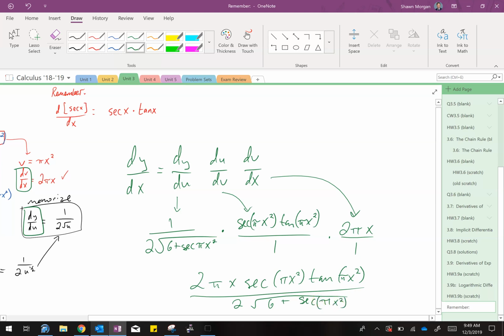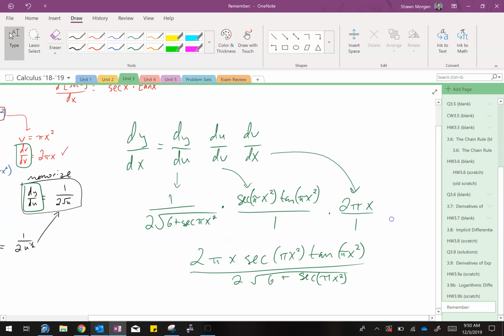What simplifies out there? Yeah, we can take the 2's out. And we wind up with our answer of dy/dx.